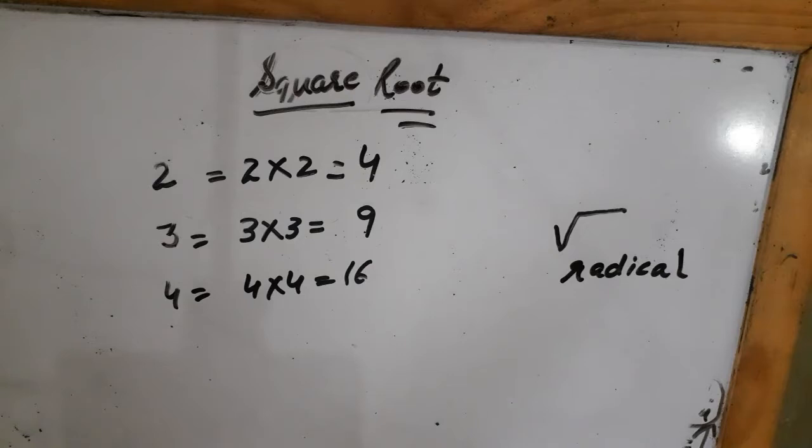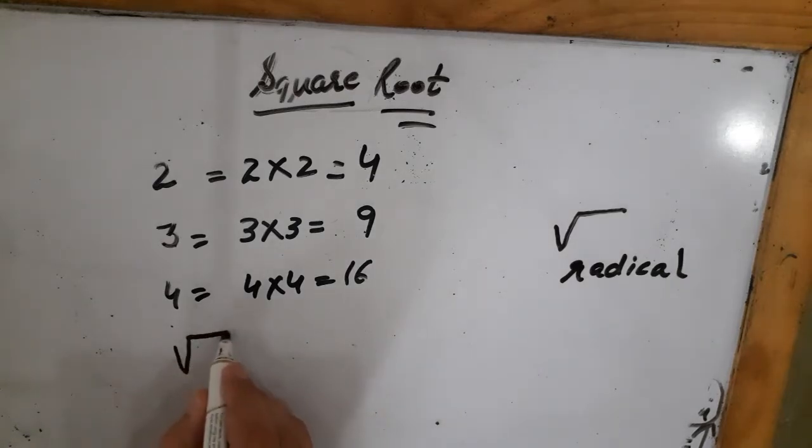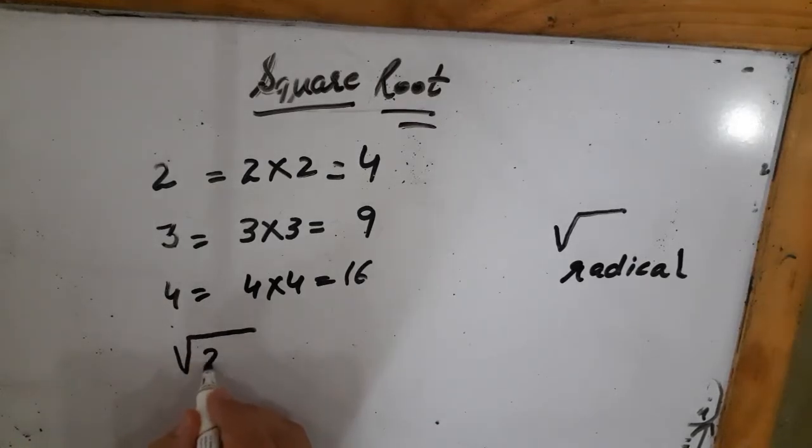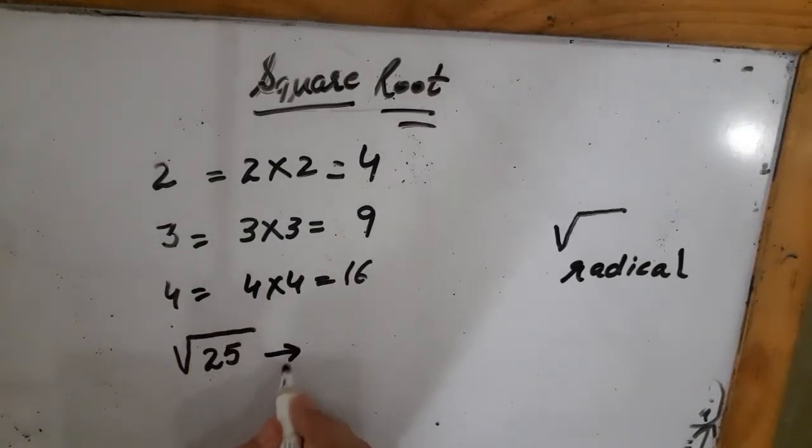Suppose I want to ask what is the square root of 25. I told you this is the symbol of a square root. So the square root of 25 means that I am looking for a number which, when I multiply it by itself, will give me 25. Did you understand?